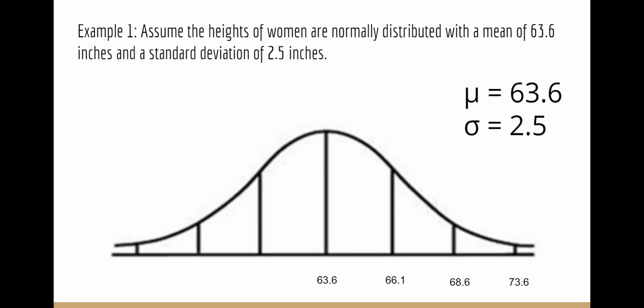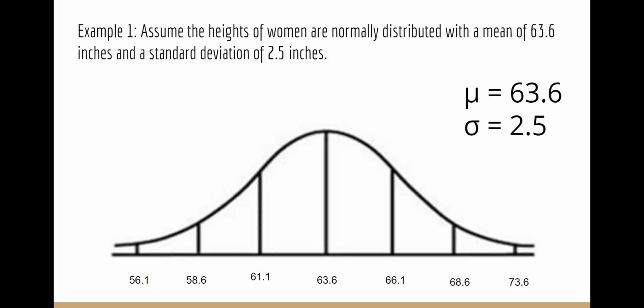To calculate one standard deviation below the mean, I subtract 2.5 from my mean, 63.6, and I get 61.1. To find 2 standard deviations below the mean, I subtract 2.5 from 61.1, and I get 58.6. And then subtract 2.5 again, and I get 56.1.